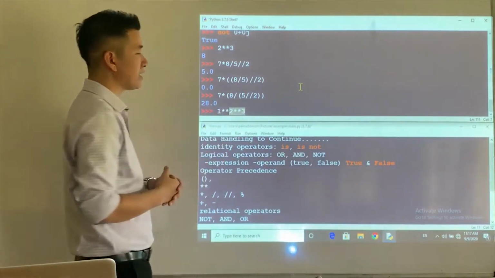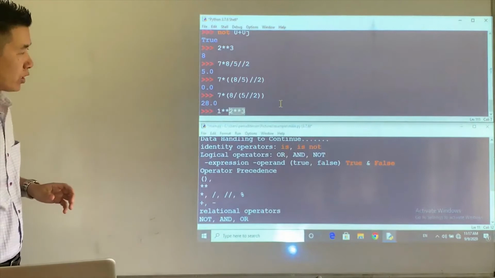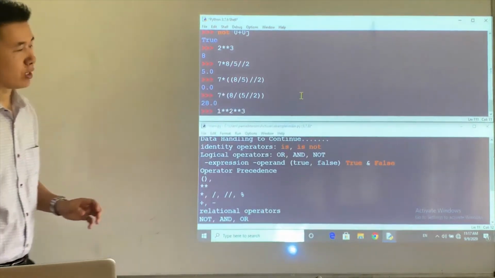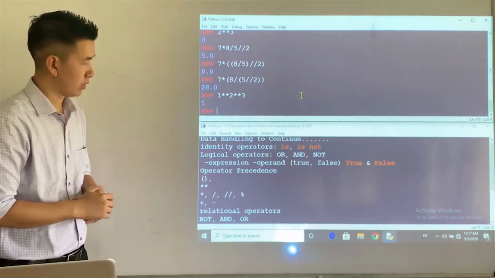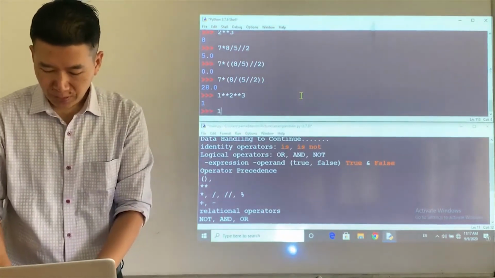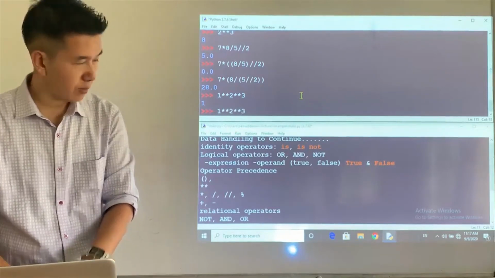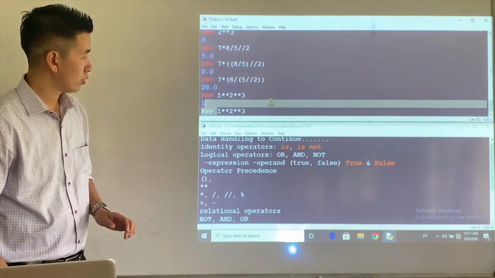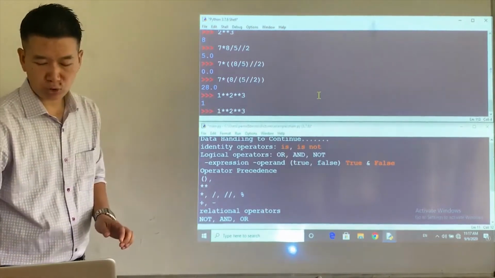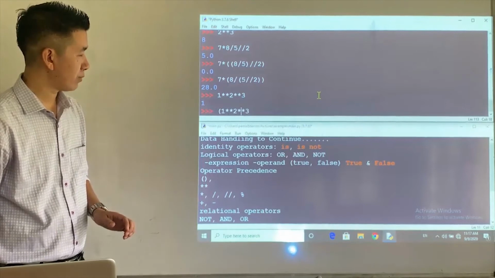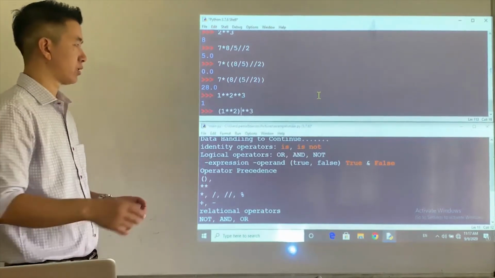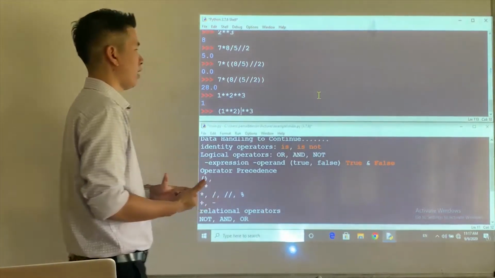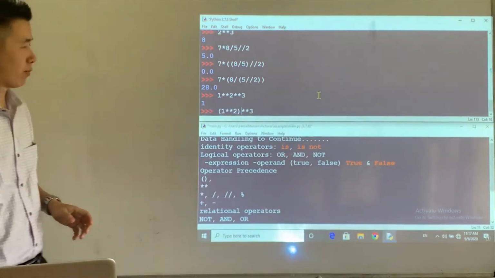So 2 raised to 3 is 8, and then 1 raised to 8 is 1. So you will get the answer as 1, right? However, if I use the brackets to evaluate 1 raised to 2 first, let's say I have something like this, 1 raised to 2, the answer will be pretty much the same.